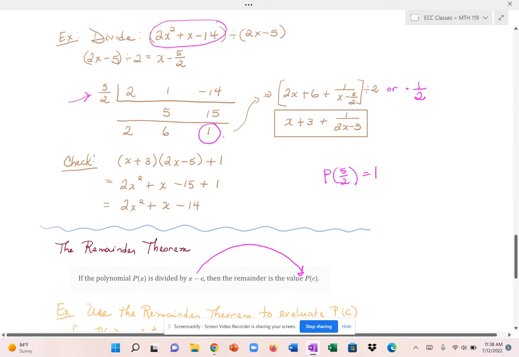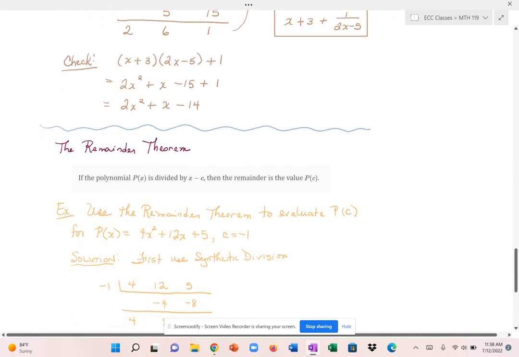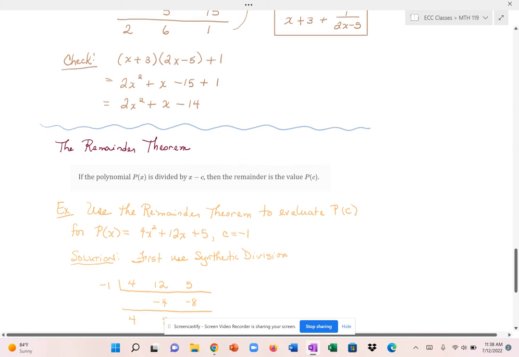So it's basically giving you the value of one function, of one point on the graph of the dividend with this remainder theorem. So sometimes that could be really handy if you're trying to graph a polynomial. And 2x squared plus x minus 14 is a polynomial. So this only works for polynomials, not rationals or radicals or other functions.